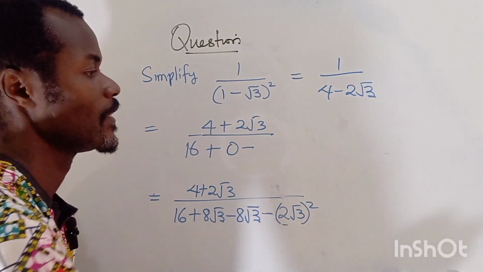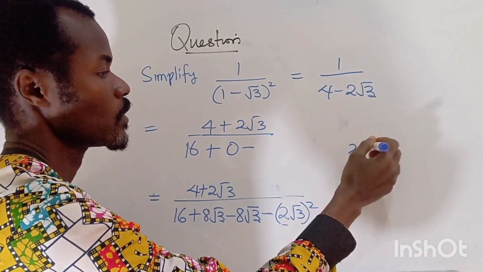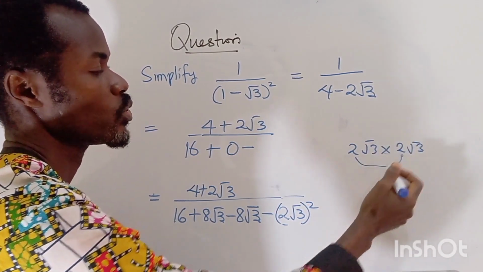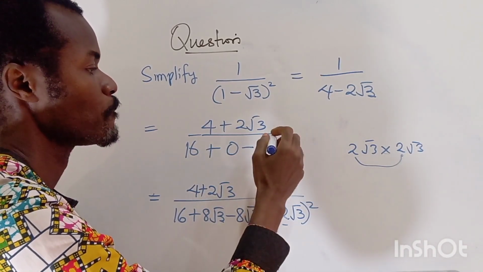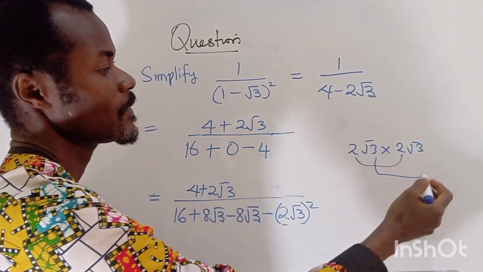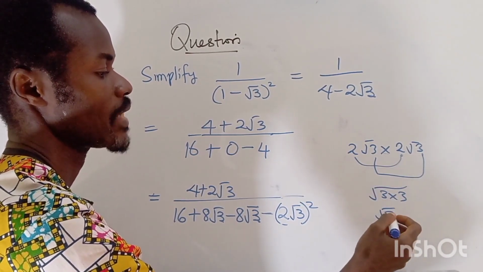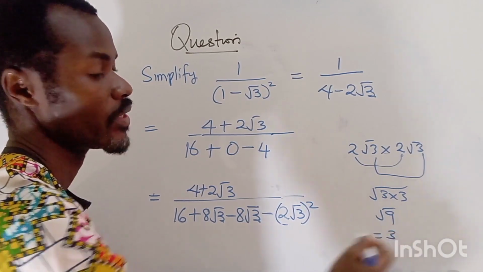Now, this square, let's see. 2 root 3 multiplied by 2 root 3. Now, 2 times 2 is going to give us 4. Now, root 3 times root 3, remember, is going to be root 3 times 3, which is root 9, and that's going to give us 3.